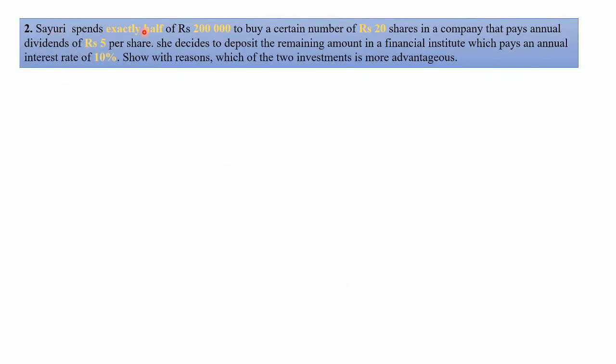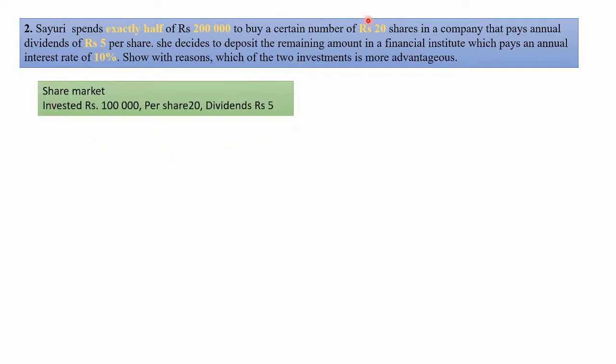Okay, so the next question. Sayuri spent exactly half of 2 lakh, which is 1 lakh, and she is going to invest it in two different kinds of systems. One is the share market. You can read this question and find the data included in it. In the share market she invested 1 lakh, because half of 2 lakh is 1 lakh.